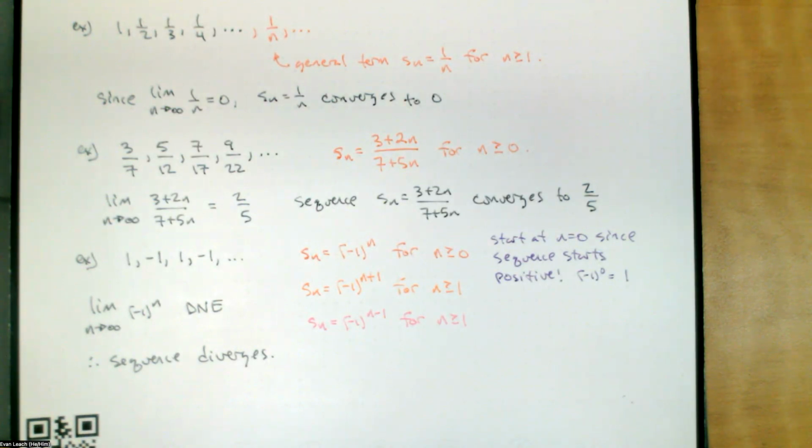So the values of the terms of the sequence are not approaching anything. So the terms don't have a limit. So the sequence diverges.